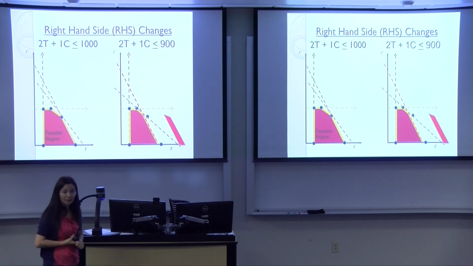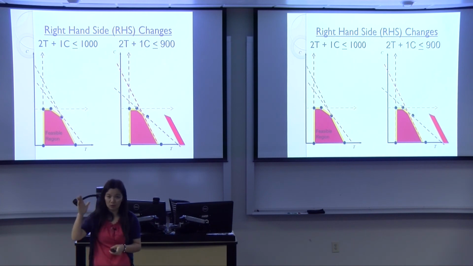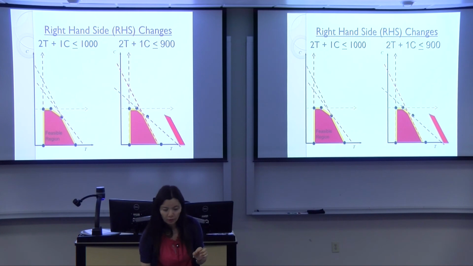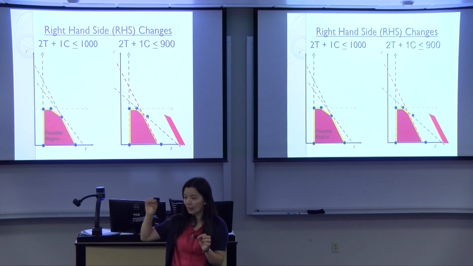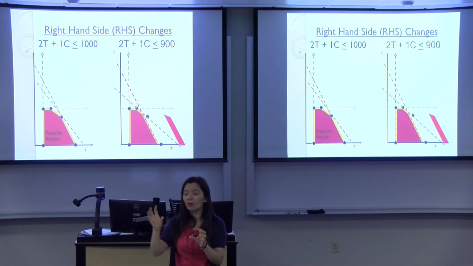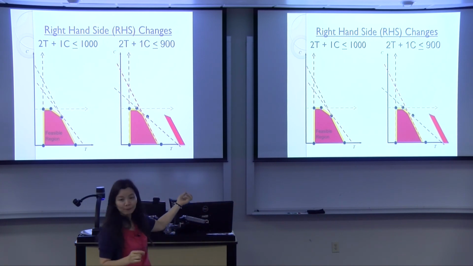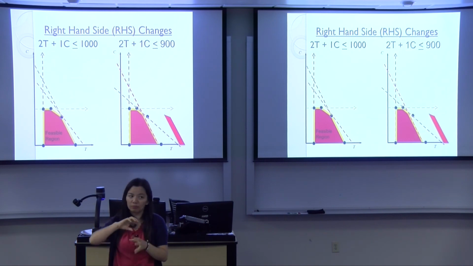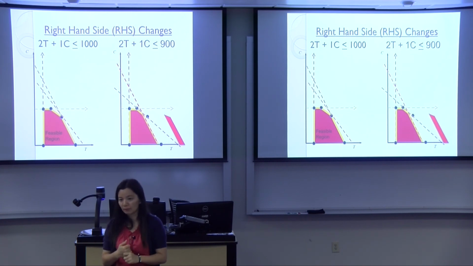My question is, is that true for any range of increase or decrease? No. I will explain more on Thursday. In the Excel Solver, you could choose the sensitivity analysis. It will give you information on the range within which this value, later we will learn this is the shadow price, will stay the same. Beyond this range, the value will change and you have to resolve the problem. Okay? Questions? No? Then I will see you on Thursday.